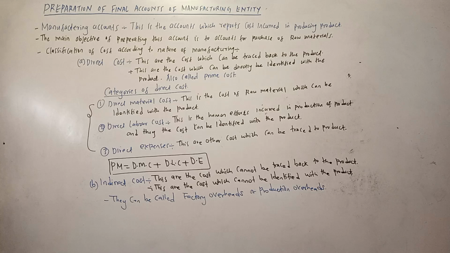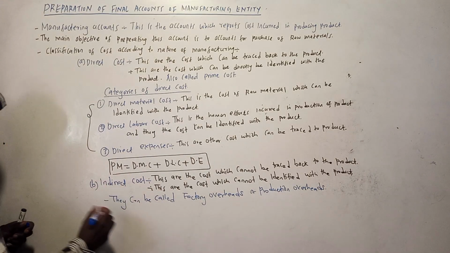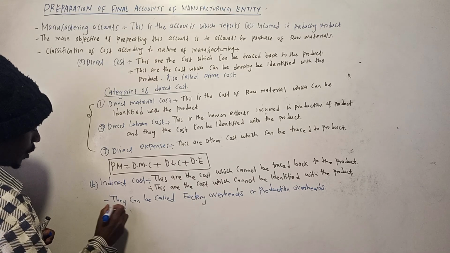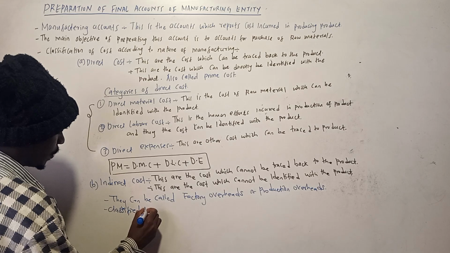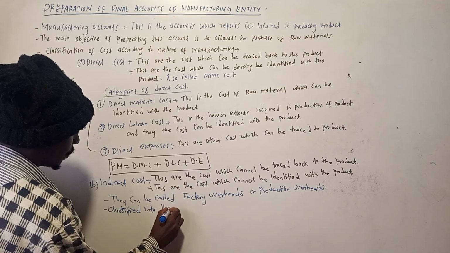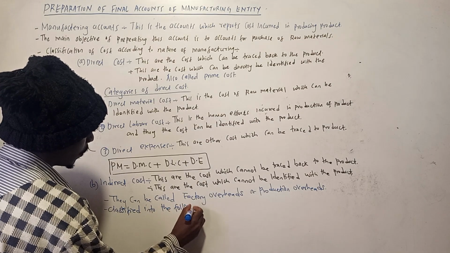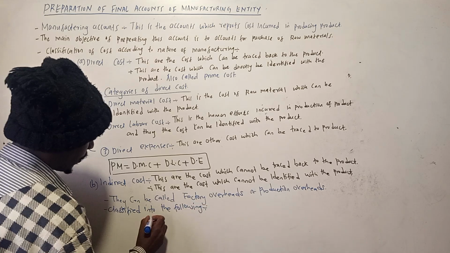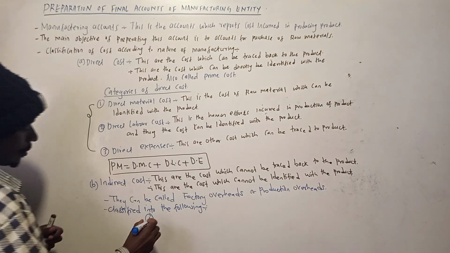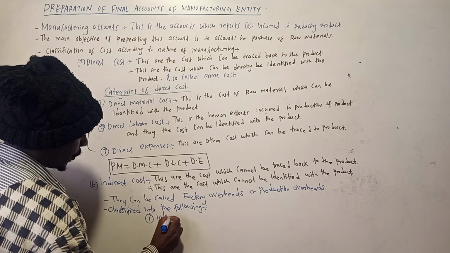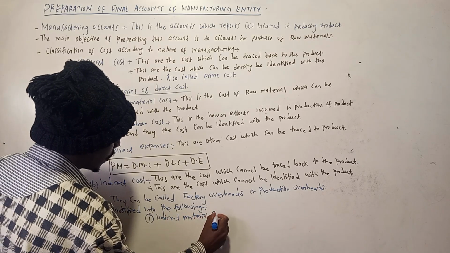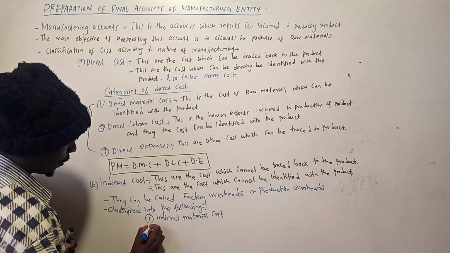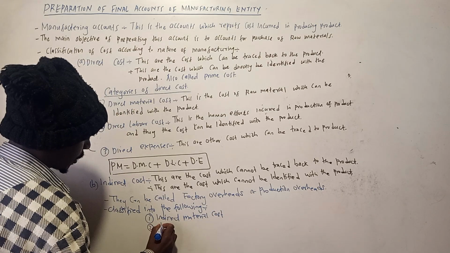So those are indirect costs. They are also classified into two: number one, the indirect material cost, and number two, the indirect labor cost.